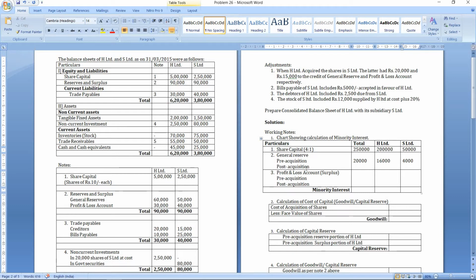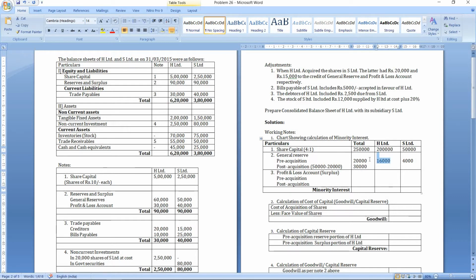Now we have to calculate the post-acquisition reserve. The total general reserve of S Limited is 50,000. Out of that, 20,000 is pre-acquisition reserve, so the remaining will be post-acquisition reserve. From 50,000 we minus the pre-acquisition reserve of 20,000, so the post-acquisition reserve is 30,000.